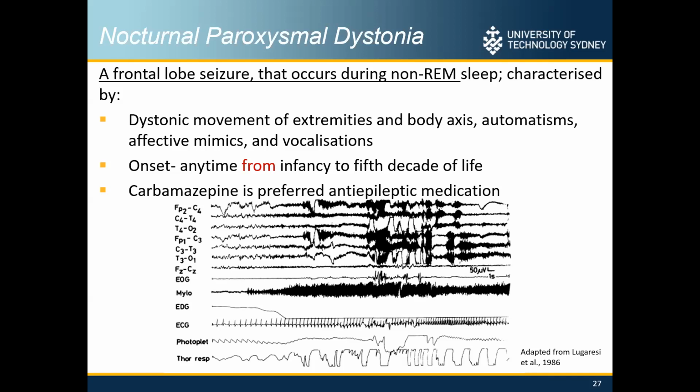Okay. In this situation, the medication preferred to treat this condition is carbamazepine.